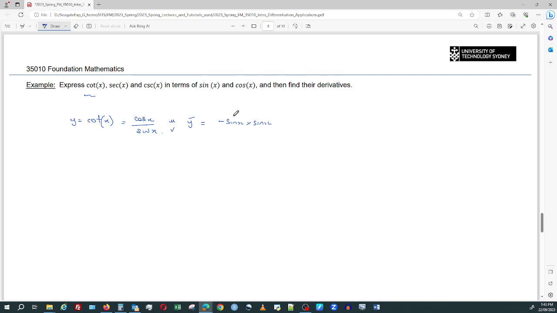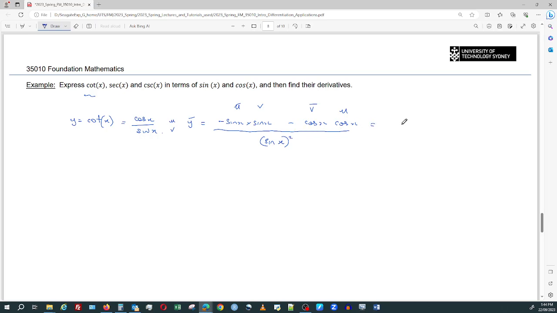So that's u dash v, minus cos x v dash u, cos x, divided by sine x all squared. I'll change that in a second.